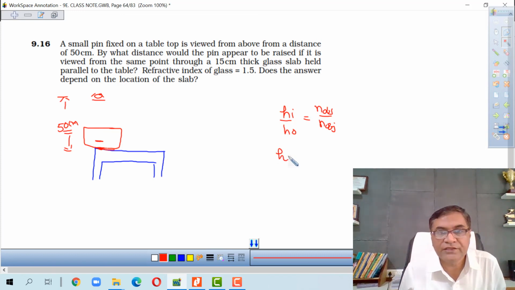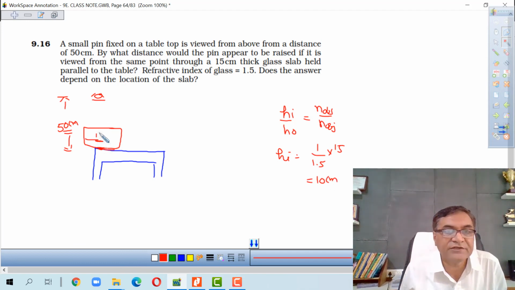So hi is equal to 1 for the observer upon the glass refractive index, 1.5, into 15 cm. So it appears at 10 cm. This is 10 cm, this is 15, so it is raised by 15 minus 10, which is 5 cm.